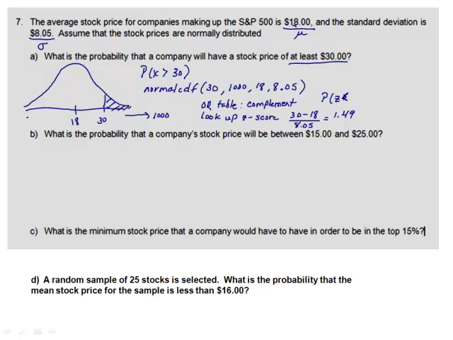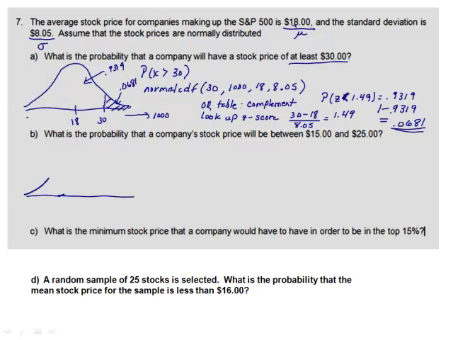So again, what the table gives us is the less than. So the probability that z is less than 1.49 is 0.9319. If we subtract that from 1 to get our answer, we get 0.0681. That should be close to what you got on your calculator if you did it with your calculator. Now, next question. So our two areas, the one that we found from the table, the 0.9319, was going to the left of the 30, and the complement is going to the right of the 30.